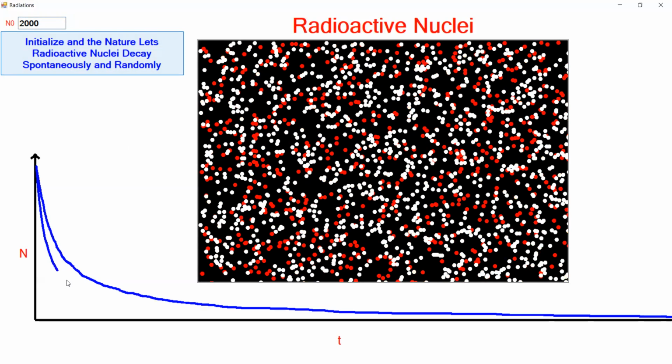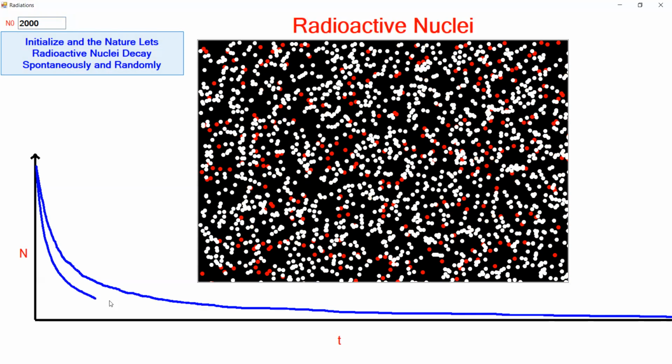It will follow the same structure for the decay, but the difference is that the slope will be greater as compared with the previous graph, because for the 2000 nuclei present at time t equal to 0, there is a greater number of nuclei present at any time t as compared with the previous graph.